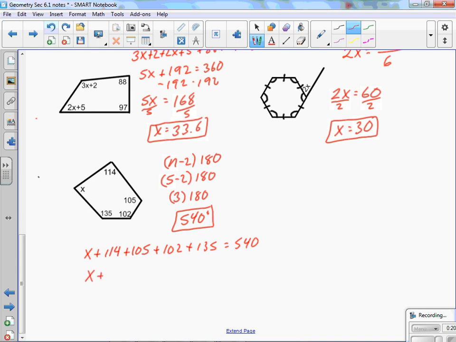So x plus, add up all those angle measures: 114 plus 105 is 219, plus 102 is 321, plus 135 is 456. And subtract 456 from both sides. So that x is going to be 84.